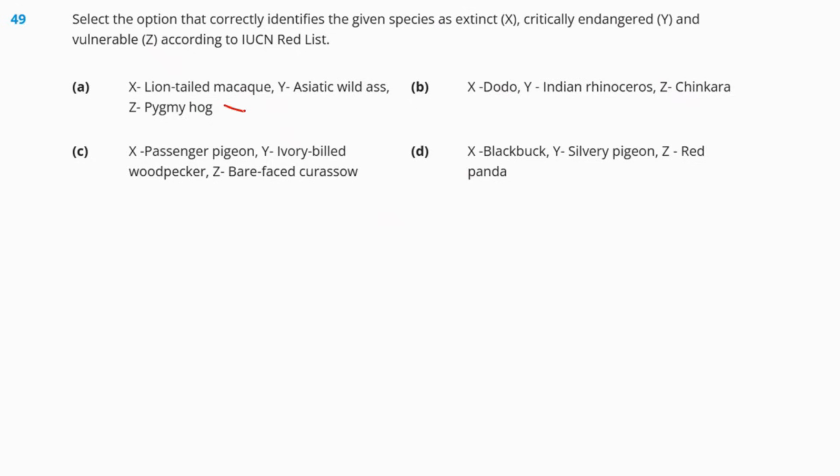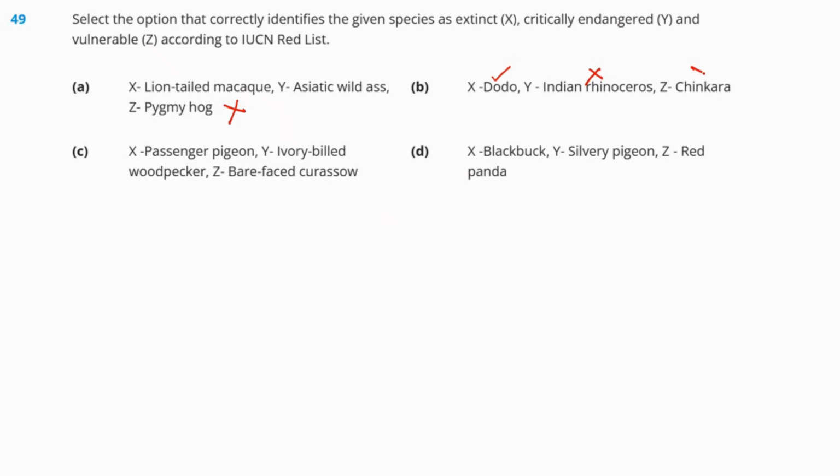So our answer is not A. In B, dodo is extinct. So this is correct. Indian rhinoceros is vulnerable. So it is not critically endangered. And chinkara is least concern.